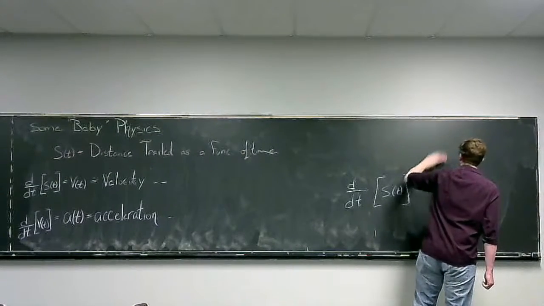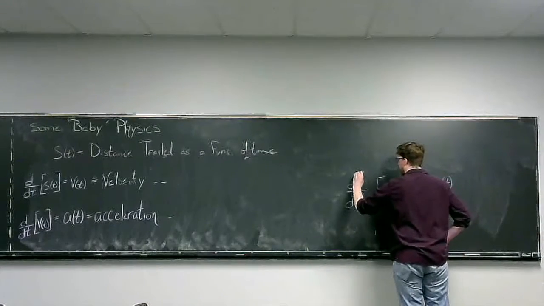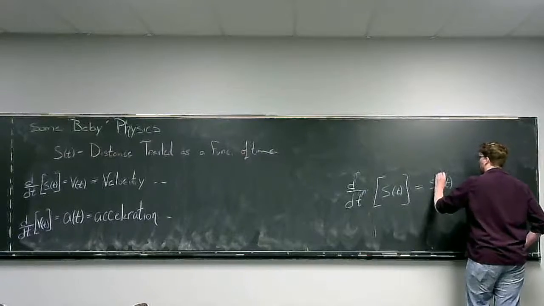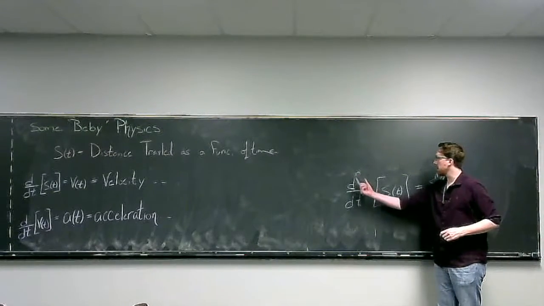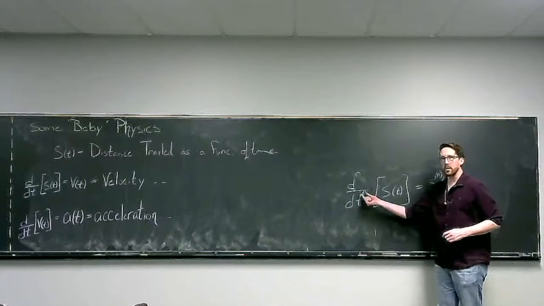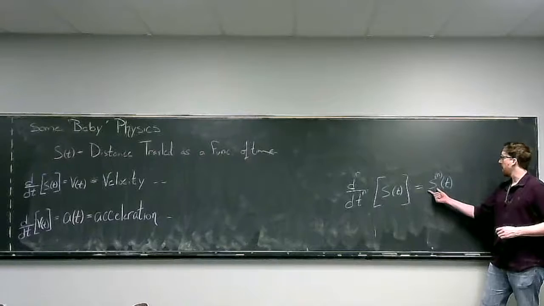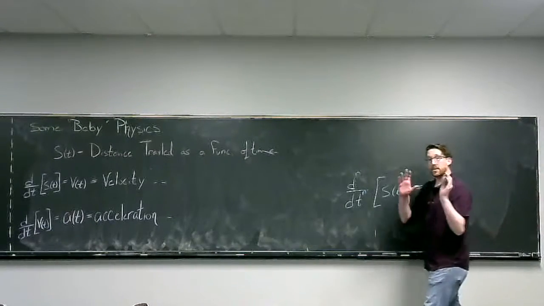Let's say we wanted to take just the general nth derivative. We would write this in the following abbreviated notation. d to the n divided by dt to the n of s of t is equal to s of, and then we'll use a superscript n inside of some parentheses.